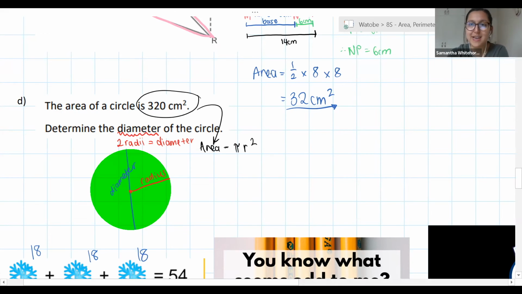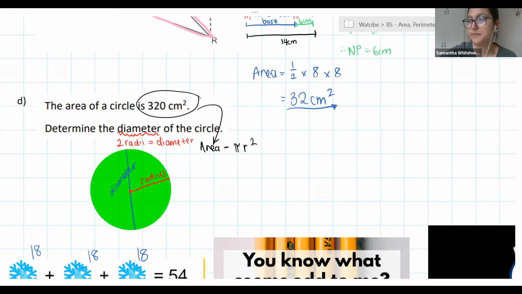Remember, diameter is just a length, so there's no unit squared. It will just be in centimeters. Like I say, this is quite similar to the first ones that we spoke about, so if you need, maybe refer back to those first examples to see how we did it. Just remember, we're not working out area. I have given you the area.